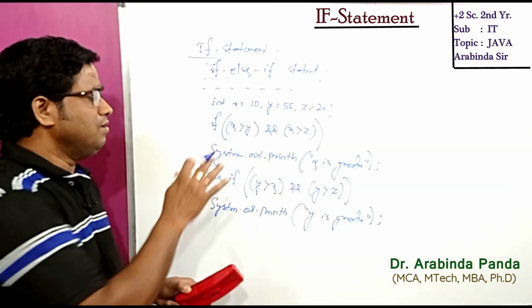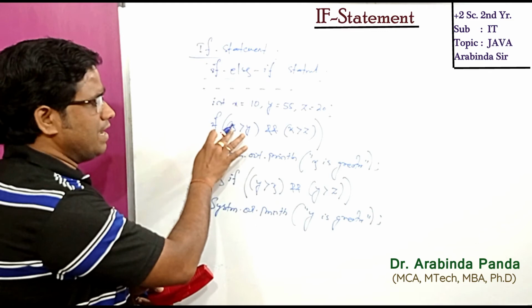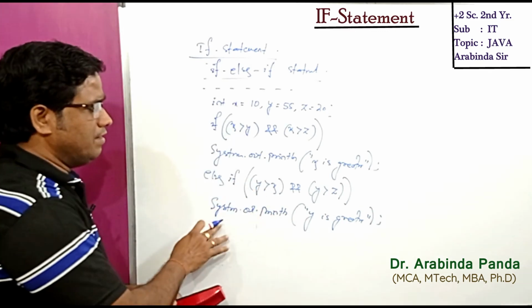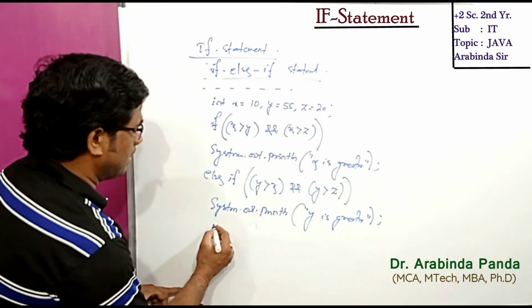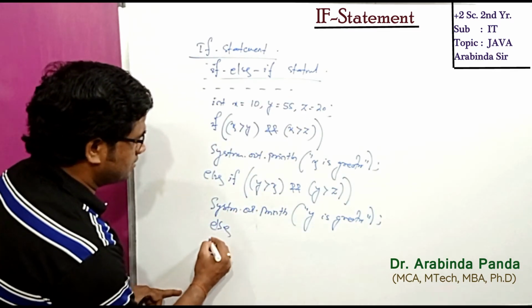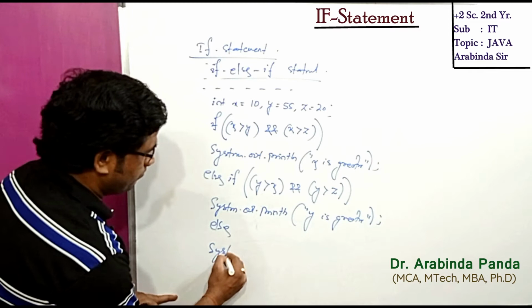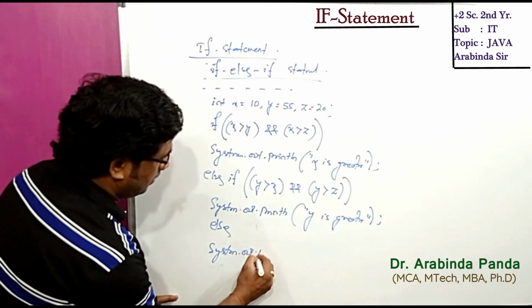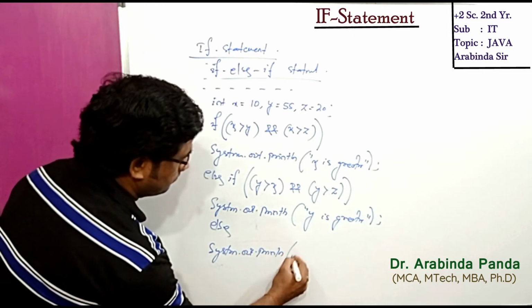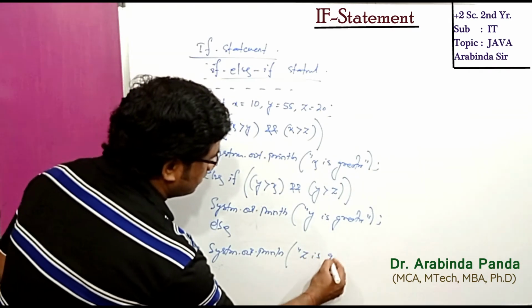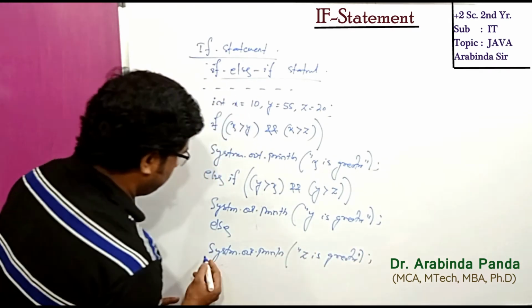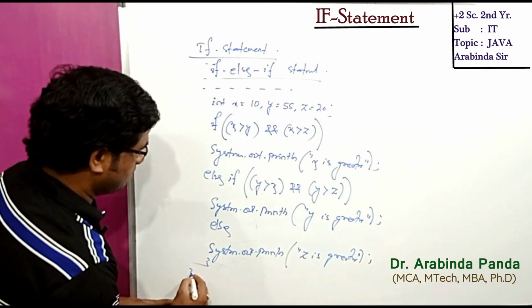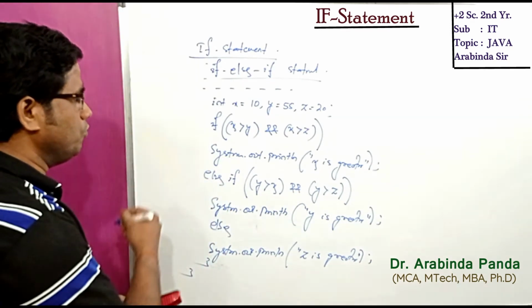Clear? So we have already tested for x as well as for y, and there is no need of testing for z. So directly you can write else System.out.println z is greater. Okay. So very simple. So see the outputs. What will the output?